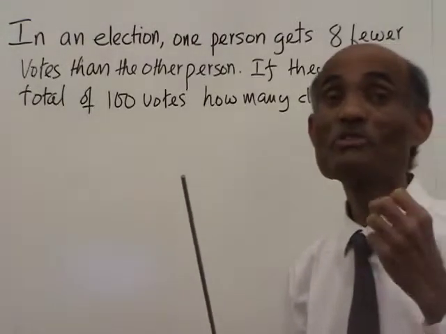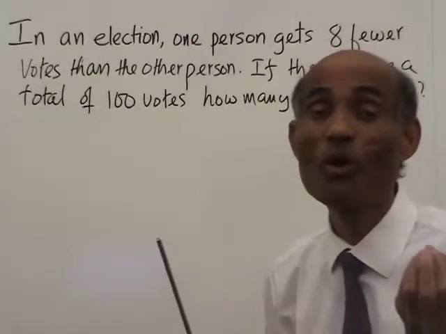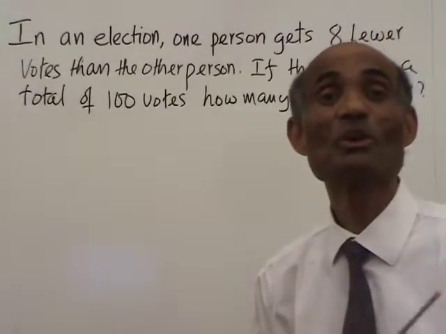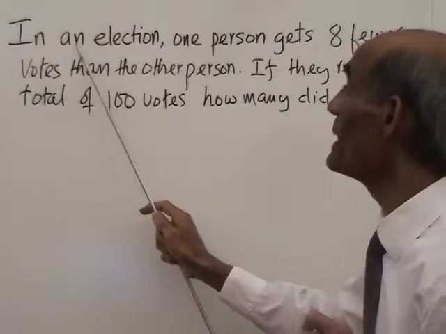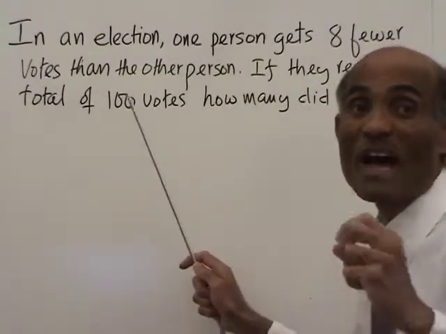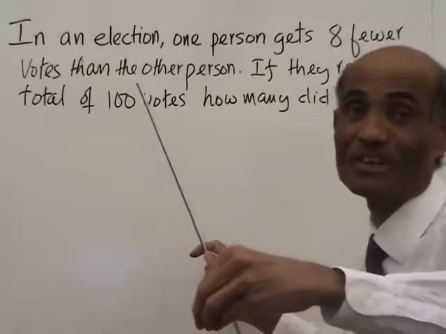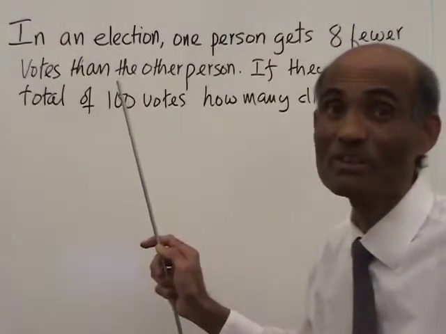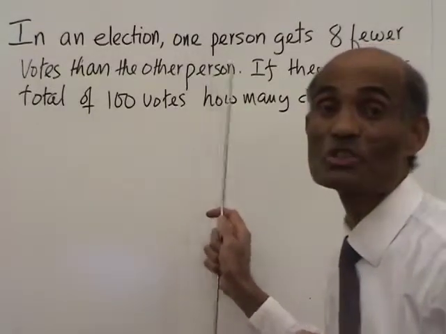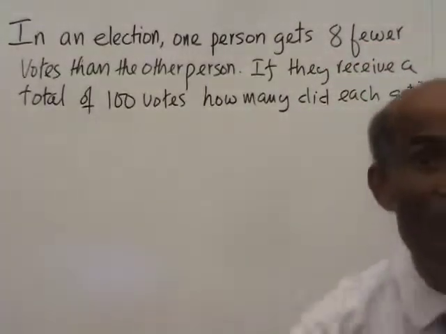Well, we need to let somebody's votes be equal to x. Whose votes is going to be called x? This is the same as the previous problem we did. So we start by saying, let the other person's vote be x.